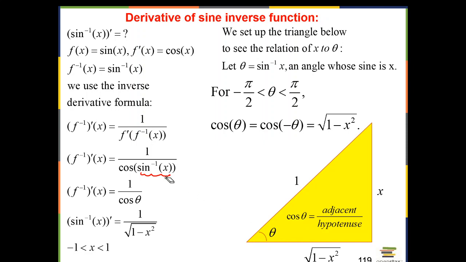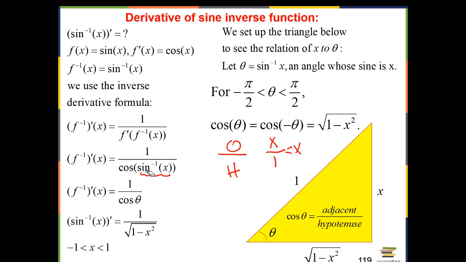And so the sine of this theta has to be x. Remember, sine is opposite over hypotenuse, right? So the opposite side has to be x, and the hypotenuse should be 1. This way we can get sine to be x, right? So what's the sine of that? x over 1, which is x, right? So that is the angle we're looking for.